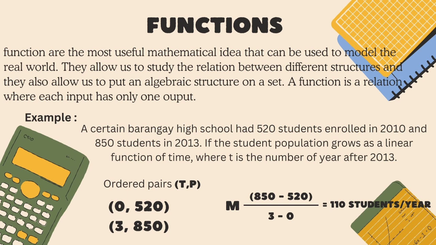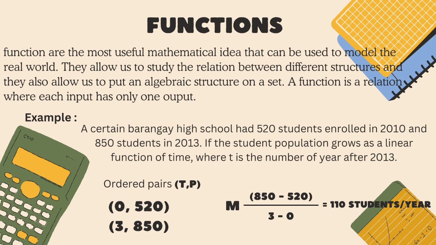So m is equal to (850 minus 520) divided by (3 minus 0). After we subtract that, the answer is 330 divided by 3. The answer is 110. The slope m is 110, which means that the student population grows by 110 students per year.